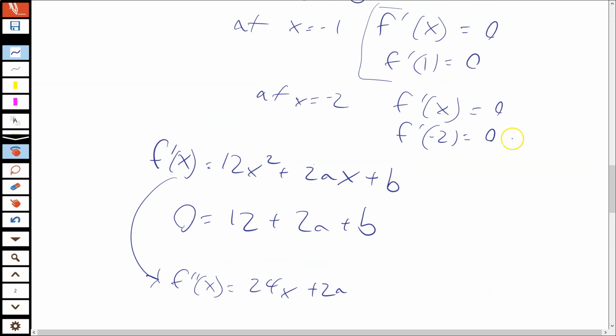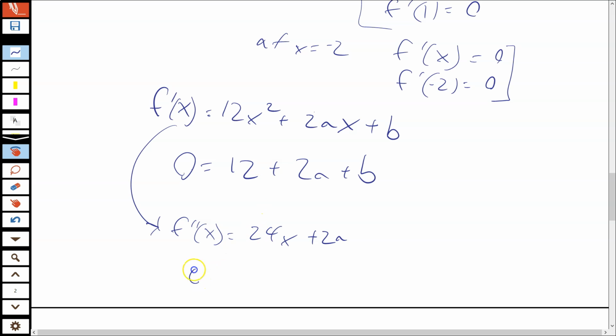Okay. Now we're going to use this fact. So we're going to say 0 equals 24, plugging in negative 2, plus 2a. So that gives me negative 48 plus 2a equals 0. And then I get 2a equals 48. And look at that. A is going to be 24 here.